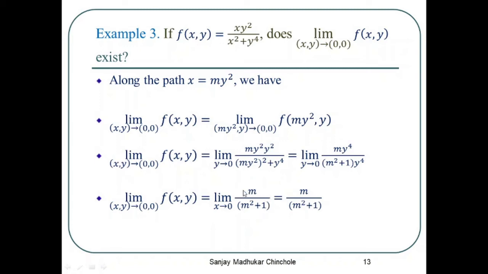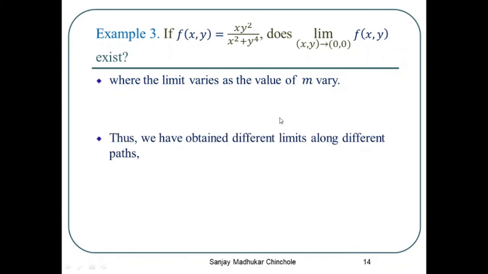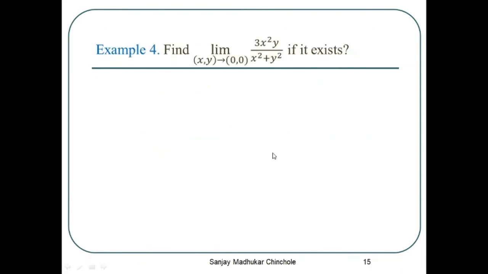As m upon m square plus 1 is independent of y, this limit becomes m upon m square plus 1. Again here, as the value of m varies, the limit of f(x, y) as (x, y) tends to (0, 0) also varies, meaning we have obtained different limits along different paths, so the given limit again does not exist.